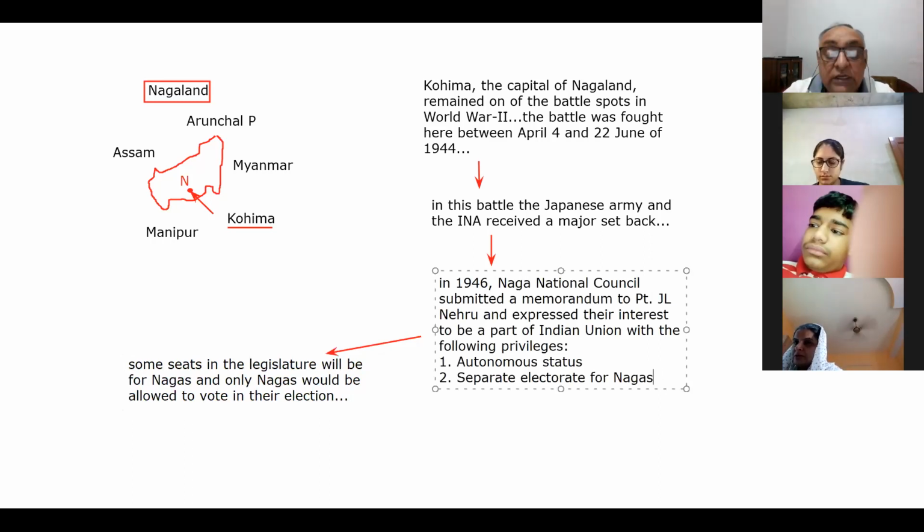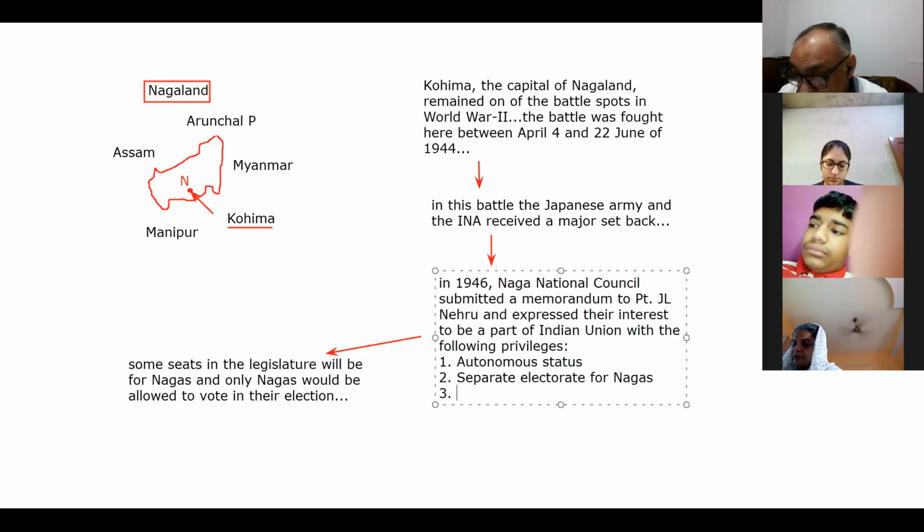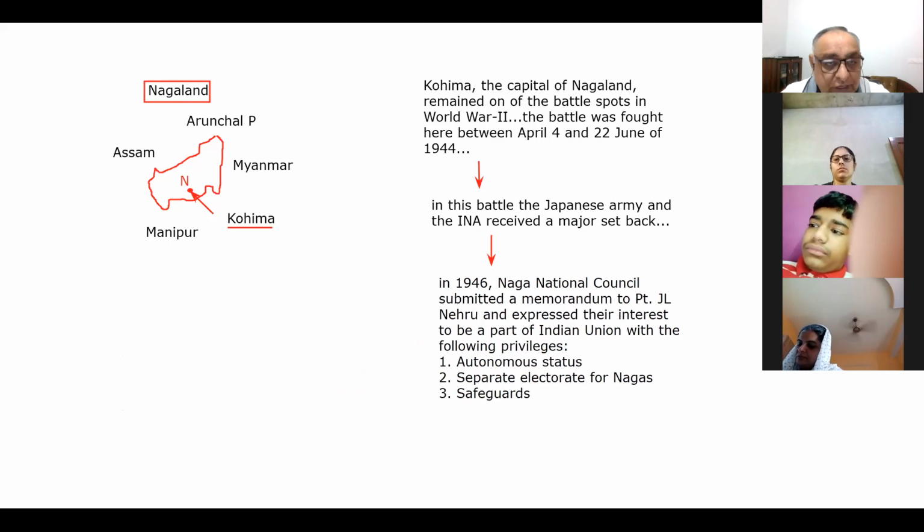And the next thing, number 3, what they demanded was safeguards also. So we require certain safeguards also. So what was the reaction of Nehru on this?